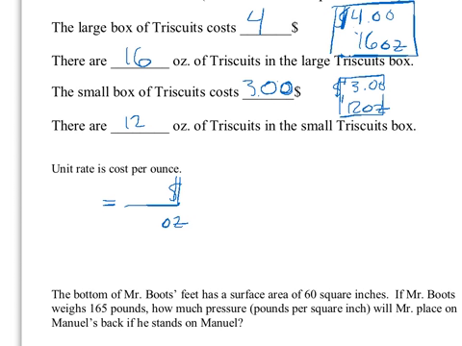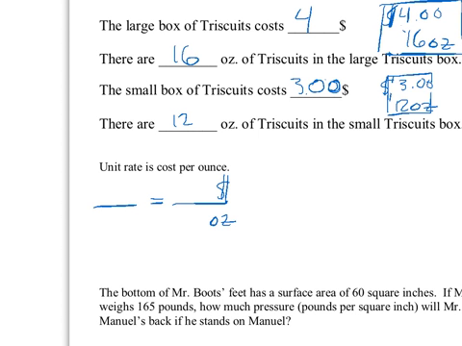This one is super simple. We're given the units exactly as we need them. If I was trying to set up a rate, I wouldn't have to do anything but set up. I have $4 and I have 16 ounces. My units line up. This one's super easy.